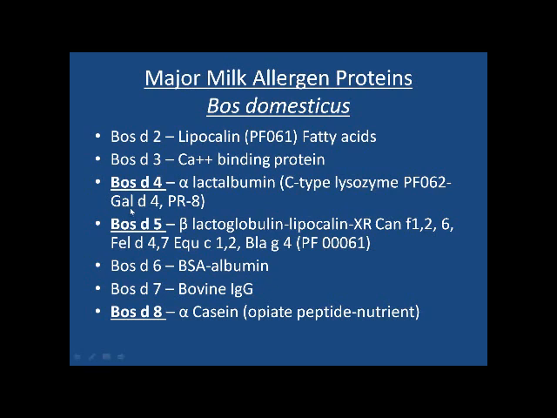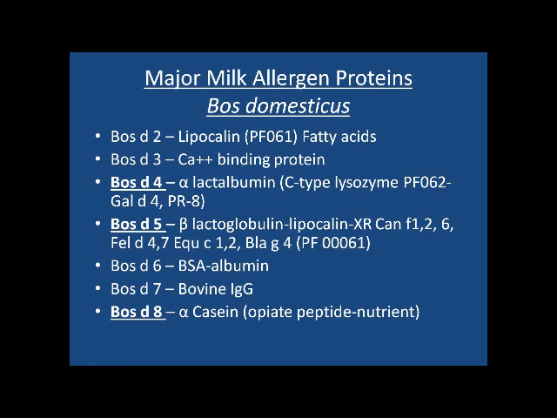We see it in egg, in GAL-D4, and it's a pathogenesis-related 8 protein, which we'll discuss in a little while, from plants. So alpha-lactalbumin has a number of different sources from which individuals can become sensitized.